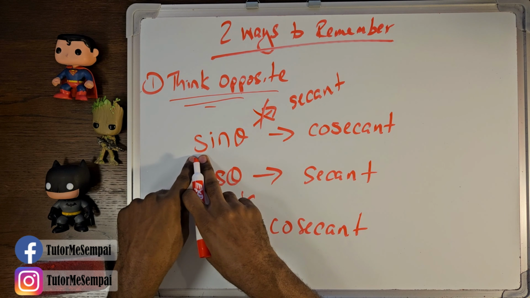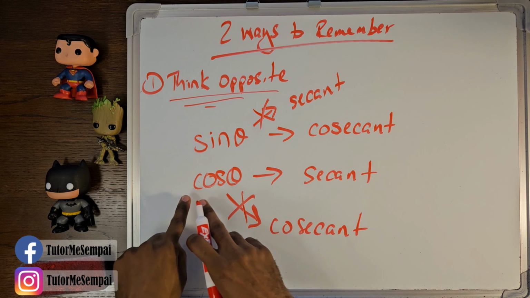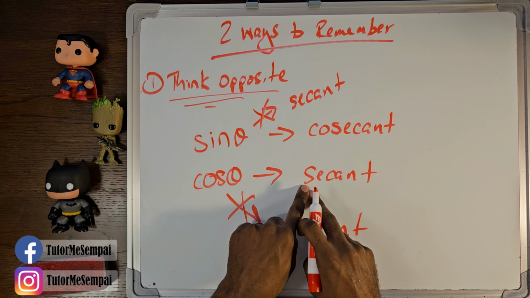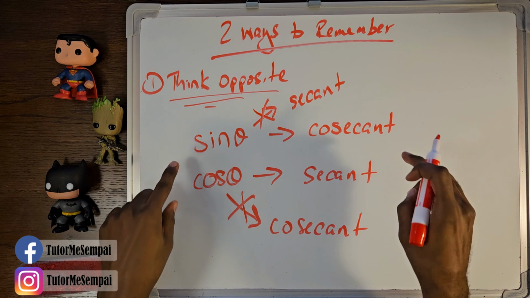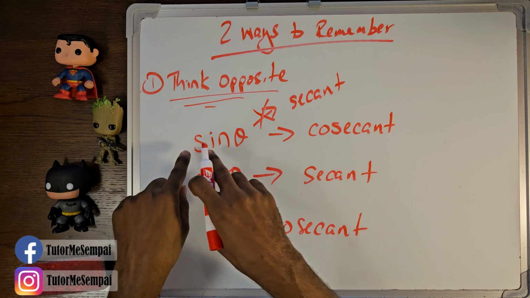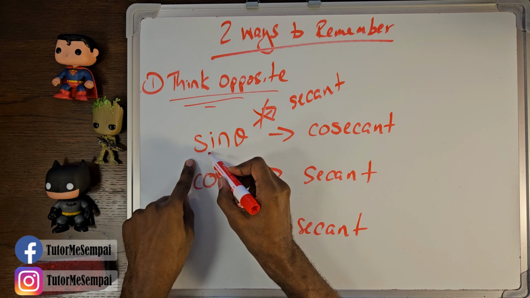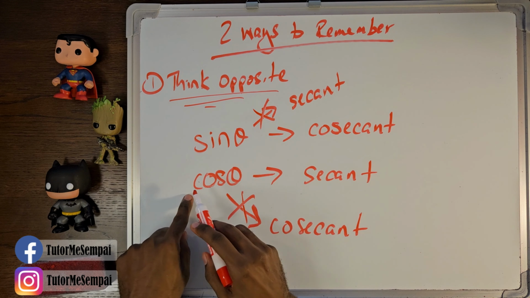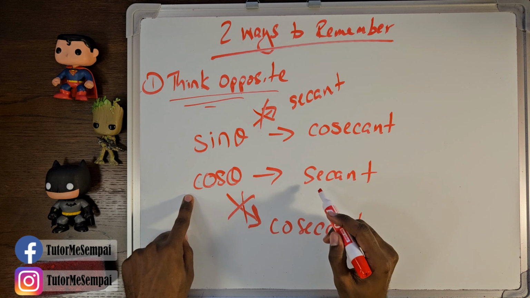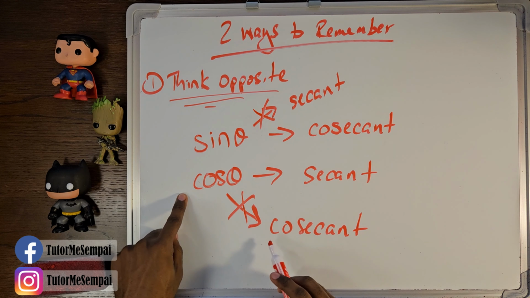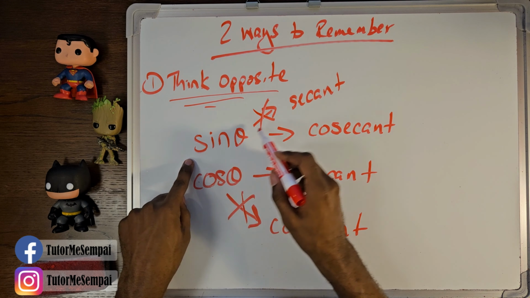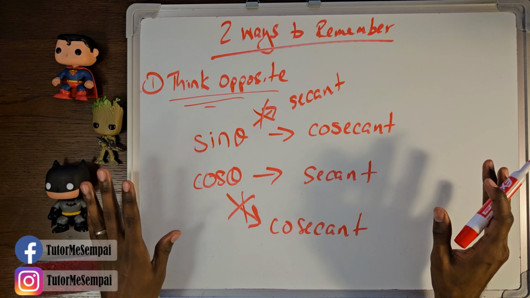If you start with an s, you end with a c. If you start with a c, you end with an s. If you think opposite, that might help you remember to go from sine to cosecant. Opposite. You start with an s, you end somewhere else. You start with a c, you end somewhere else. Don't try to stay the same, c to c and s to s. That's not the way to do it.